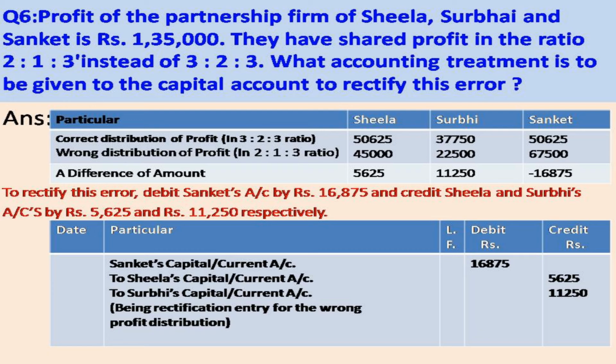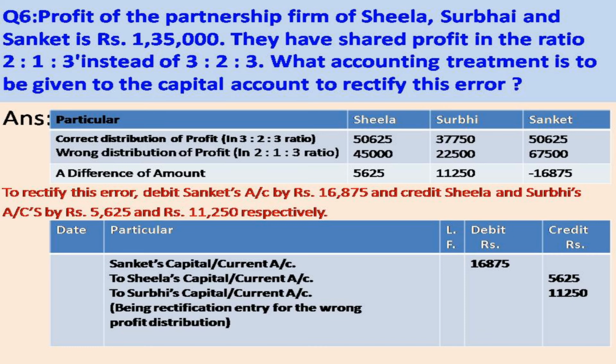Here, in place of a correct ratio, they distribute their profit in wrong ratio. So first we calculate the correct ratio. Afterward we calculate the wrong distribution of a profit ratio and then find the difference of the amount. Let us solve this sum.